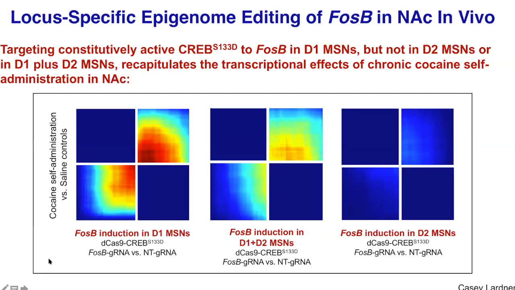She can then do RNA sequencing and ask to what extent does this deltafosb induction, now inducing the endogenous FOSB gene, replicate the effects of cocaine self-administration. And you can see a significant replication of cocaine's effects when FOSB is induced endogenously in D1 medium spiny neurons, but not in these other conditions.